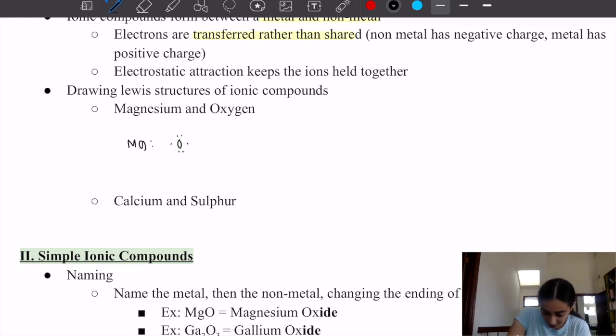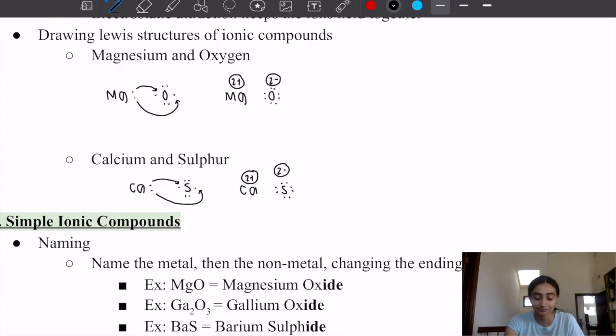Oxygen is more electronegative than magnesium, so the two valence electrons are going to go from magnesium to oxygen, and then magnesium is going to have a 2+ charge, and oxygen is going to have a 2- charge. And oxygen will also have 8 valence electrons because it got the 2 from magnesium, so the electrons are transferred.